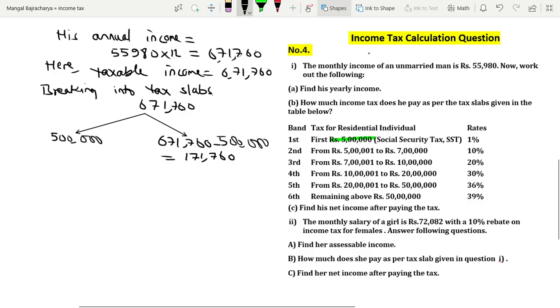And now the tax rates we show here. Under the first band there is a tax of 1%, which we call SST in abbreviation, and the whole form is social security tax. Only 1% is applied, so 1% SST for the first slab of 5 lakh.